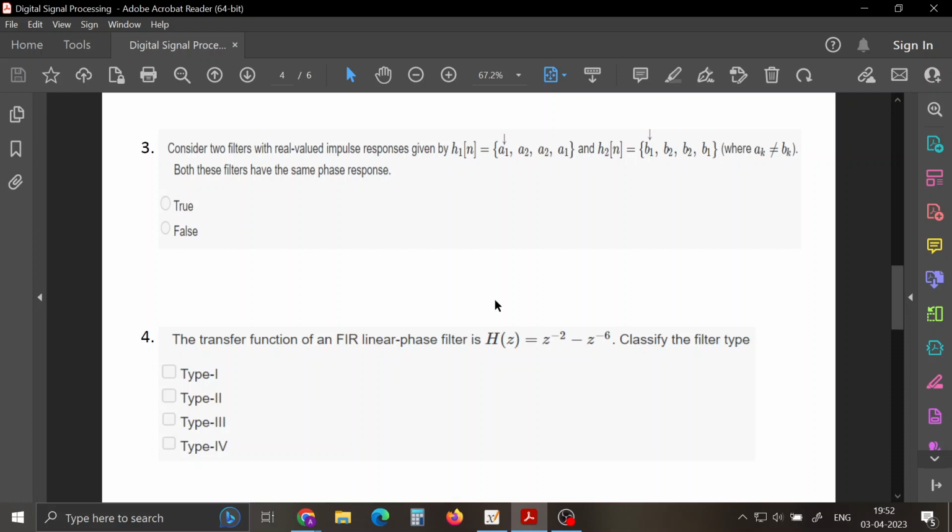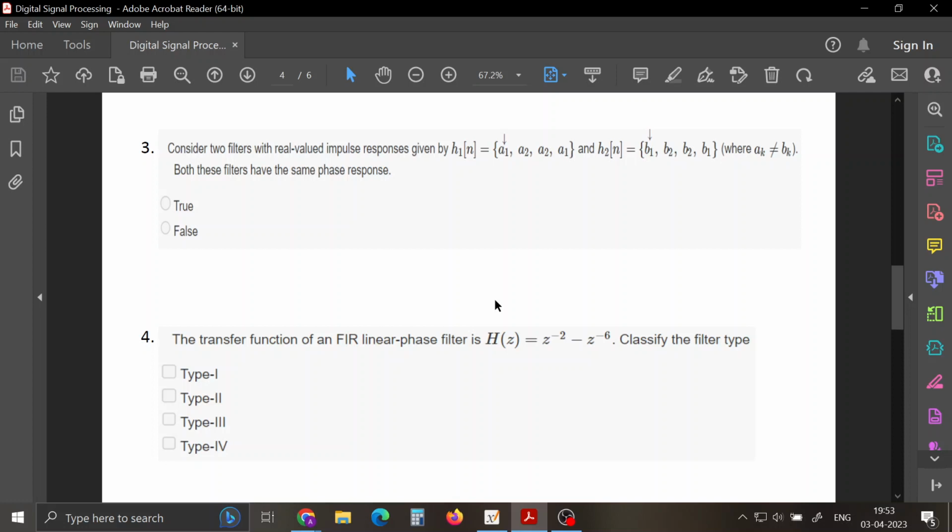Even symmetry and even length was type 2. Odd symmetry and odd length is type 3. And finally, odd symmetry and even length is type 4 filter.